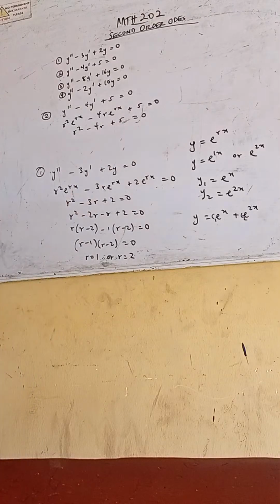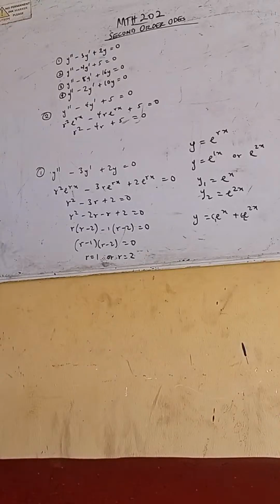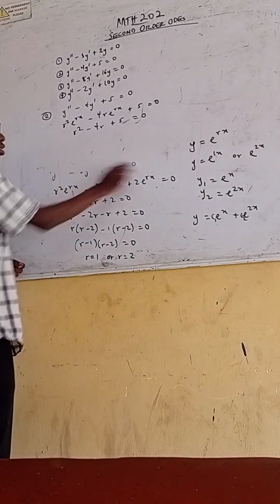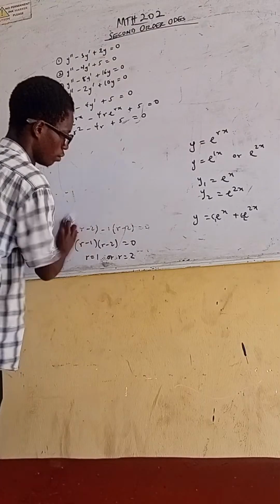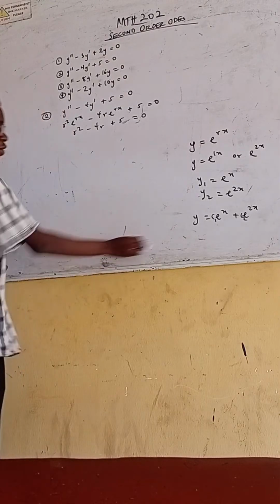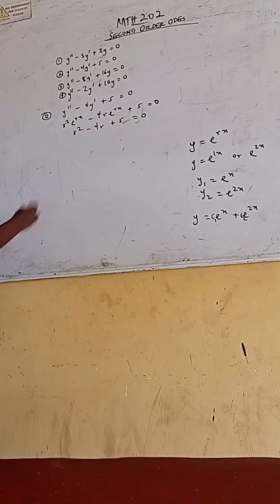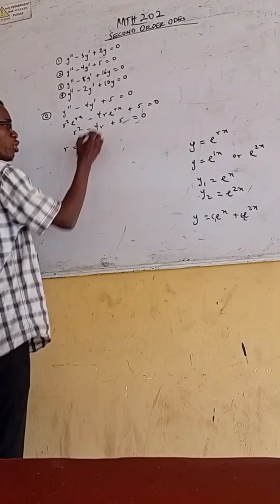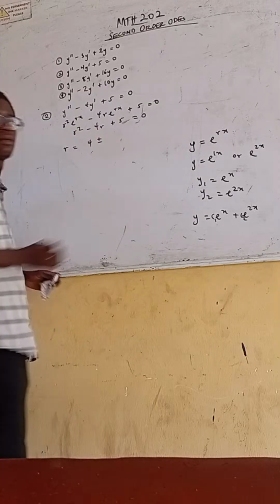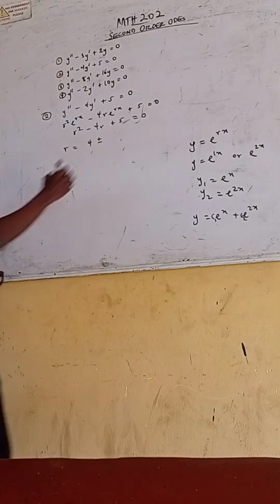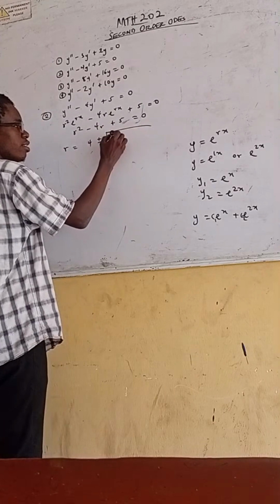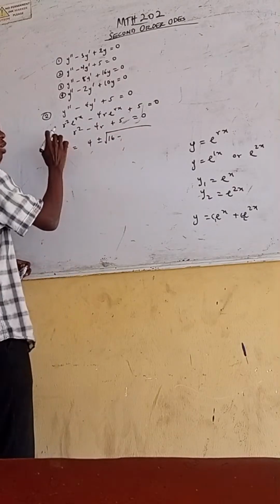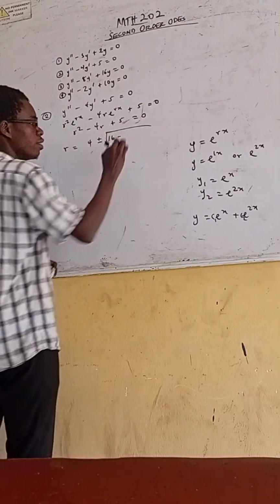So what can satisfy this? Let's just use the quadratic formula straight away. The quadratic formula says r equals minus b plus or minus the square root of b squared minus 4ac, over 2a. Minus b is 4, b squared is 16, minus 4ac, where a is 1 and c is 5, that's minus 20.